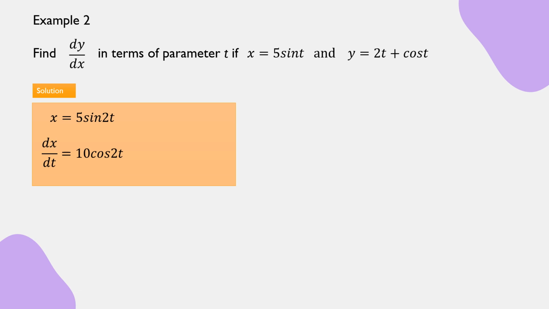The 5 remains, and then differentiate sine, you get cos 2t, and then differentiate 2t, we get 2. So 5 times 2, we get 10 cos 2t. Therefore, dt/dx equal to 1 over 10 cos 2t.